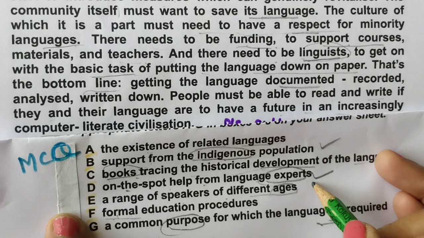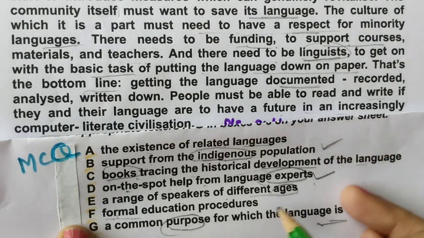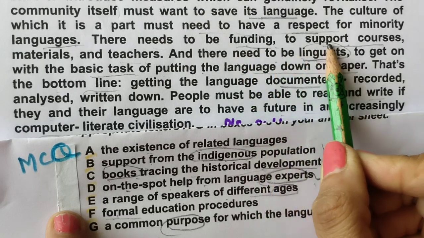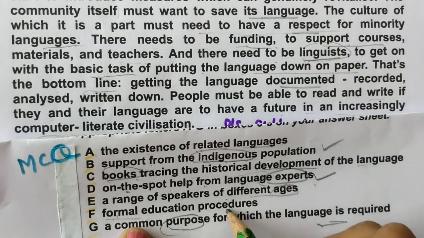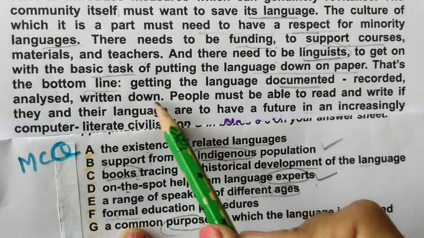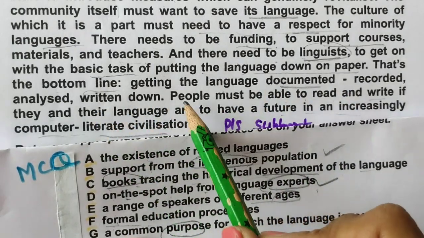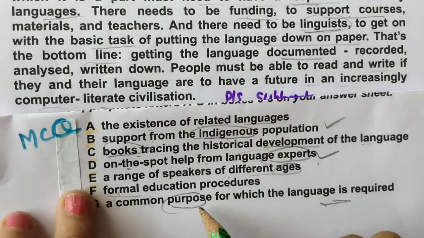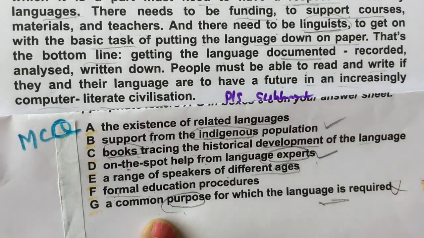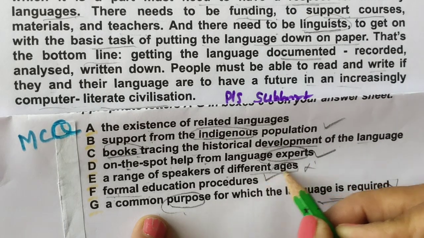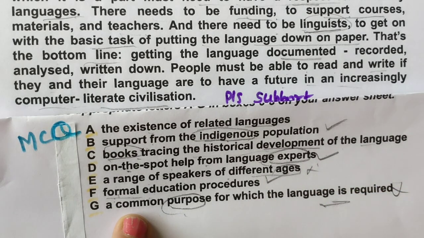So the two we have given, and now another is also there. They are talking about funding, support, courses, so formal education procedure may be there. Getting the language documented, recorded, and people must be able to read and write if they have a future in an increasingly computer literate civilization. Common purpose is also not there, we can cut it. And range of speakers of different ages is also not given, so we will select F.